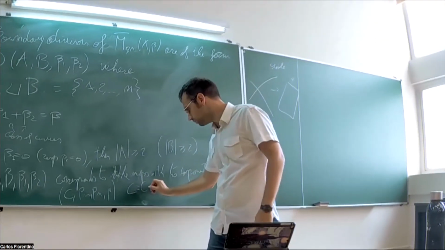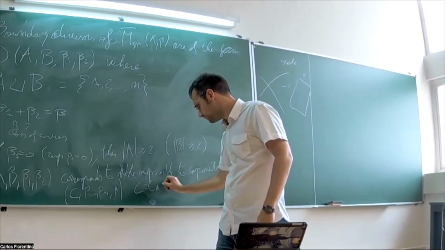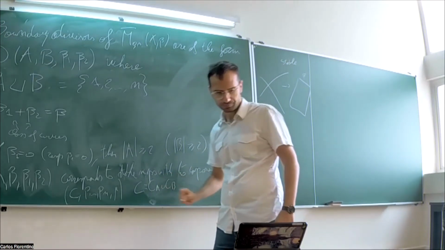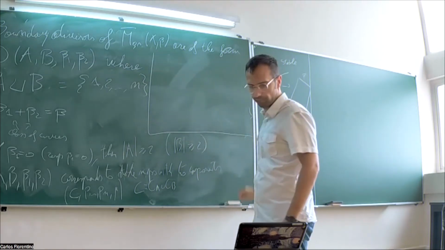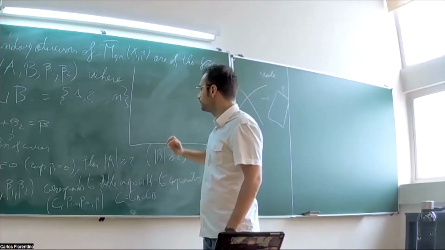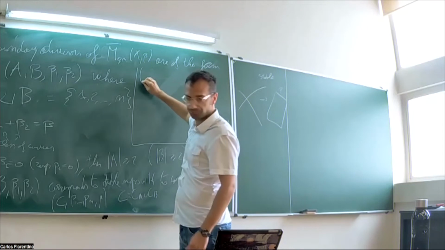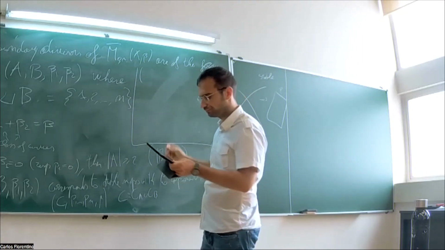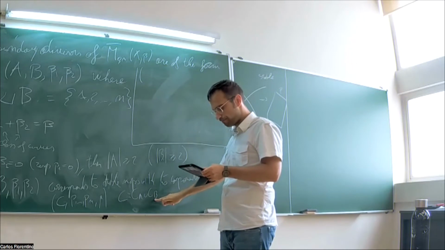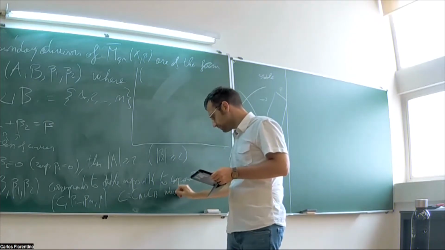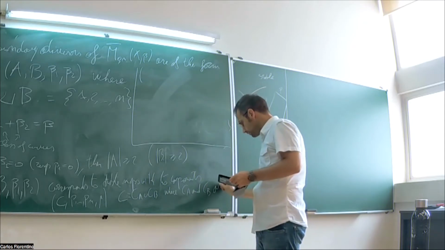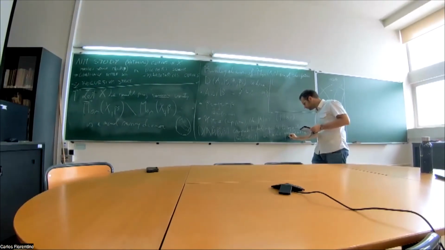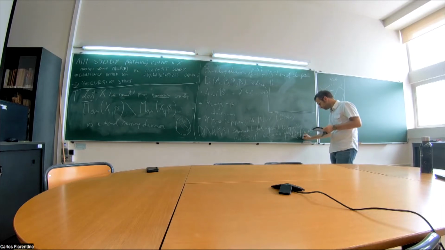So C is the union CA, CB, where CA and CB are quasi-stable of genus 0.